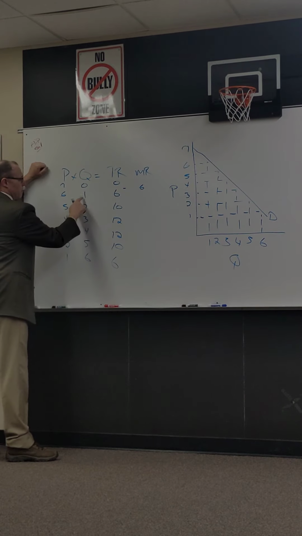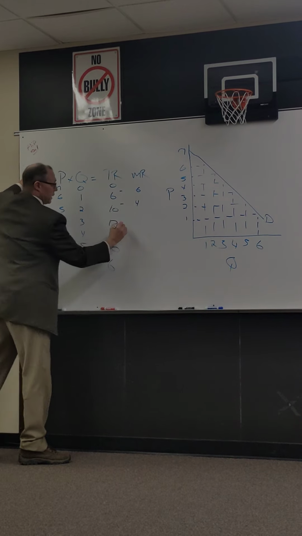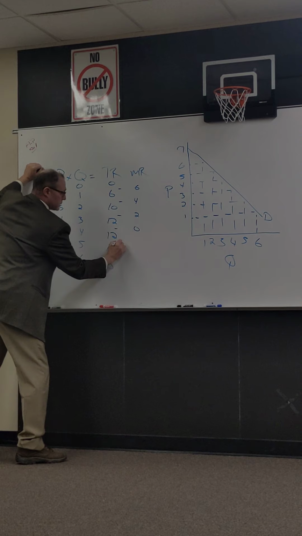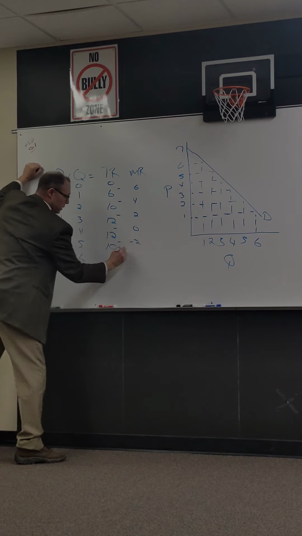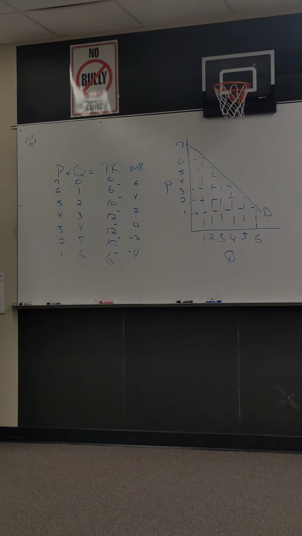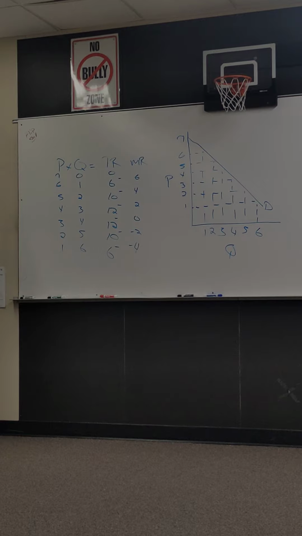What's the marginal revenue now that we're moving from 1 to 2? What is that? 4. Okay, next. 2. Next. 0. Next. -2. Good. Next. -4. Very good. Wonderful. Okay, so I think now what we should do is maybe we should plot that.